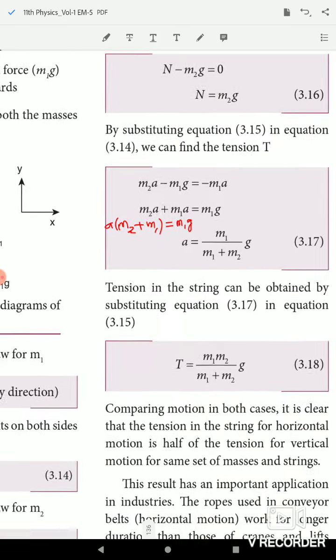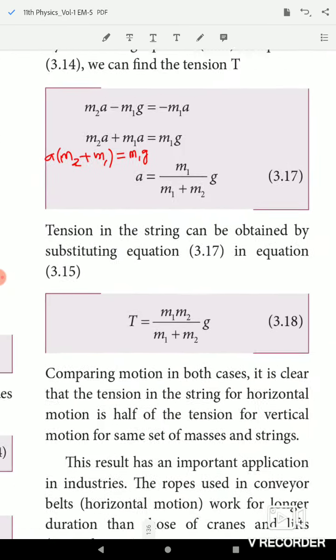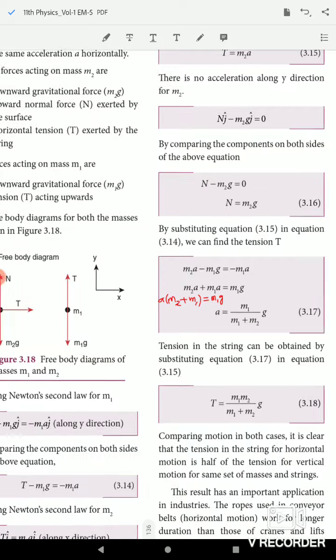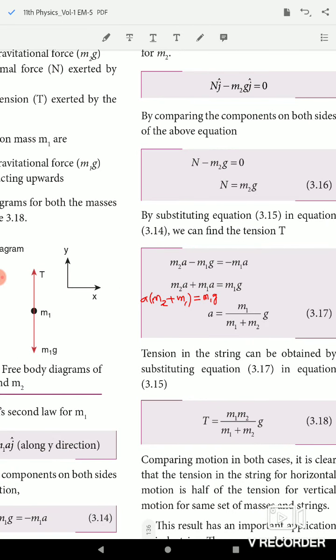Okay, so substitute in the equation, so you get m2a minus m1g equal to minus m1a.